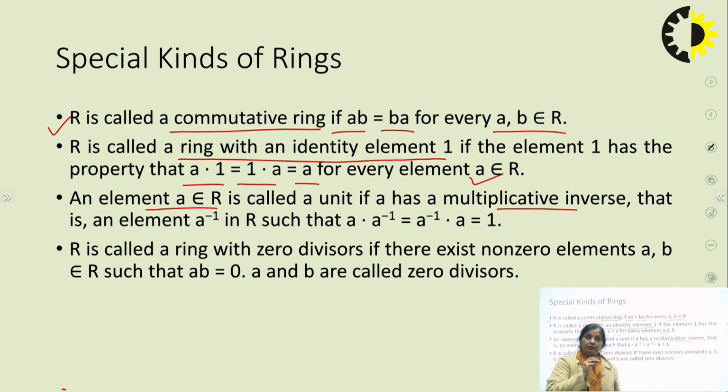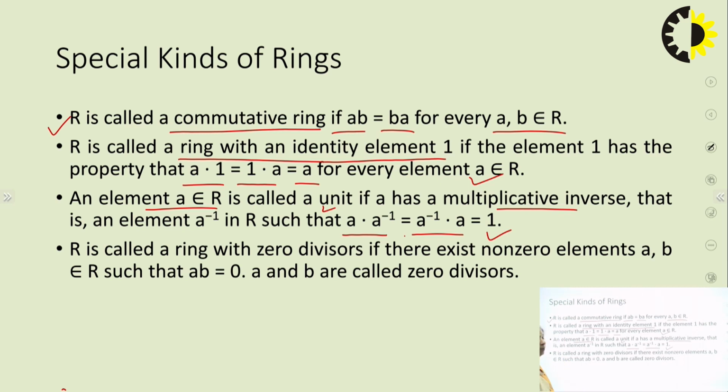So the elements which have their multiplicative inverse also are called units. An element A belonging to R is called a unit if it has a multiplicative inverse, that is, if there is an element such that A into A inverse is equal to A inverse into A is equal to 1, the multiplicative identity.